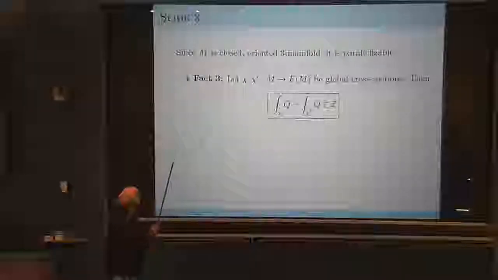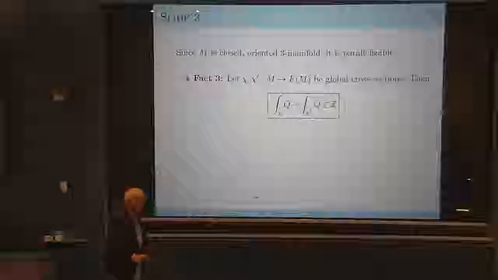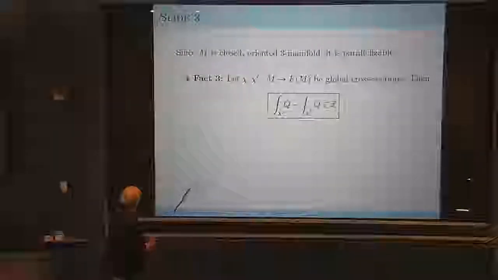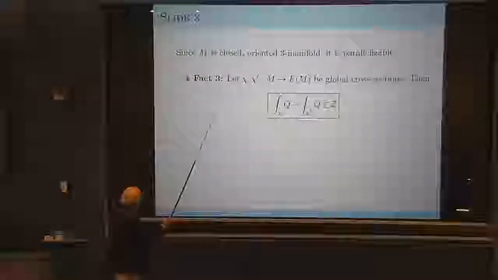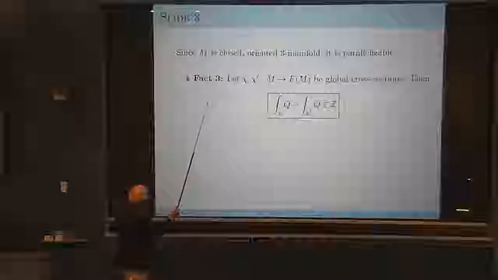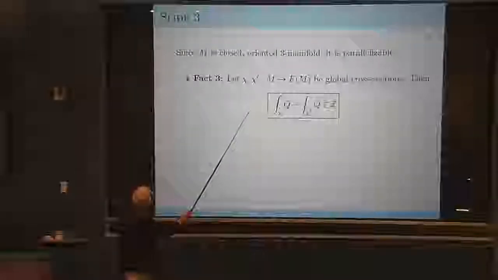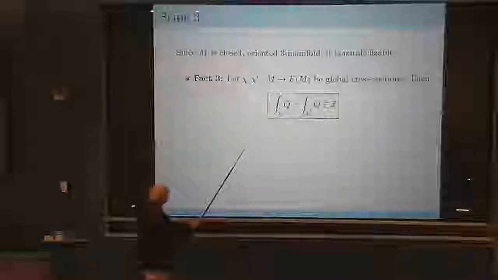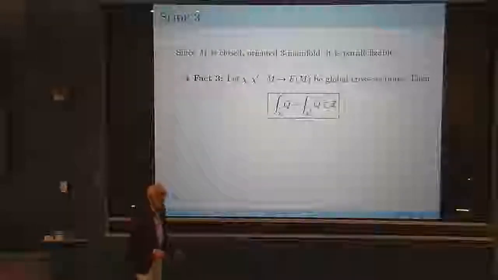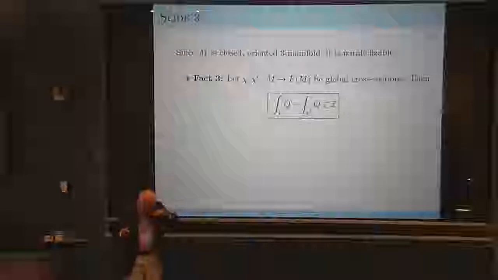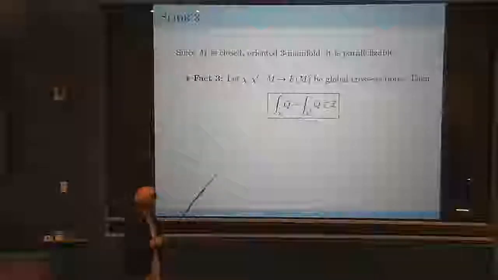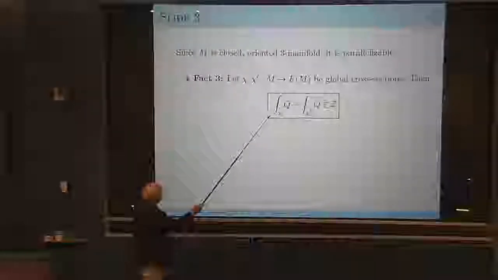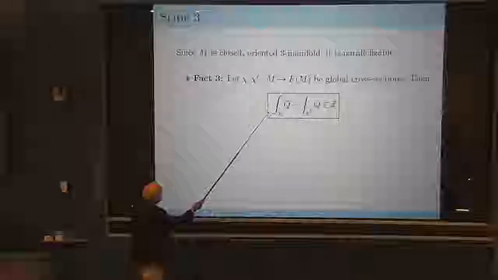All oriented 3-manifolds have that marvelous property. So now I want to integrate Q over a cross-section in this fiber bundle. So a cross-section is mapping the 3-manifold up into the bundle, then integrating Q over its image.